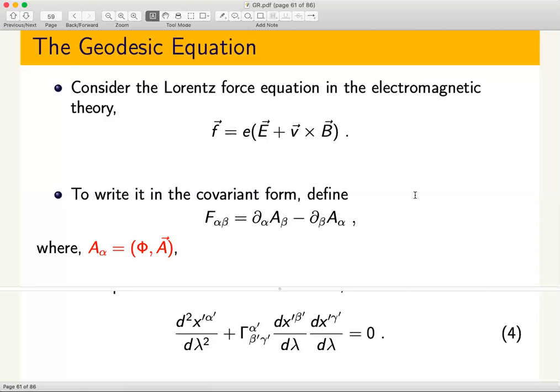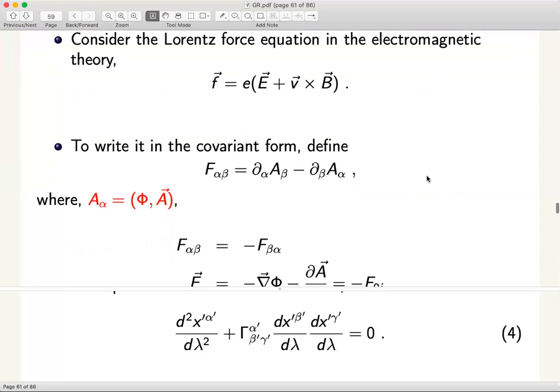Just to check whether that is the case, let us look at the Lorentz force equation in electromagnetic theory, where we write F is equal to E times the electric field plus E times the velocity of the particle crossed with the magnetic field. We can of course write it in covariant form. I'm sure you must have studied this.